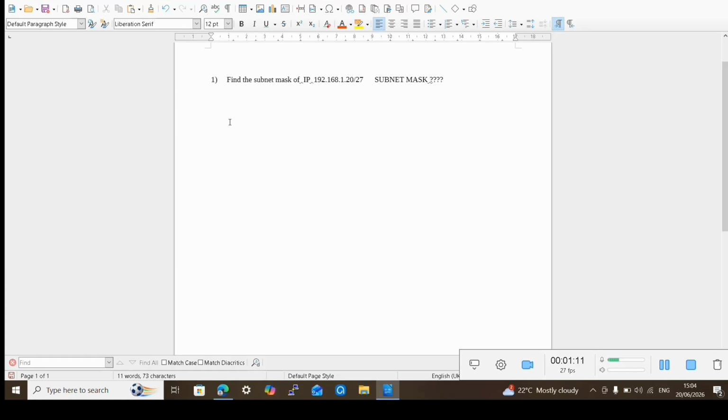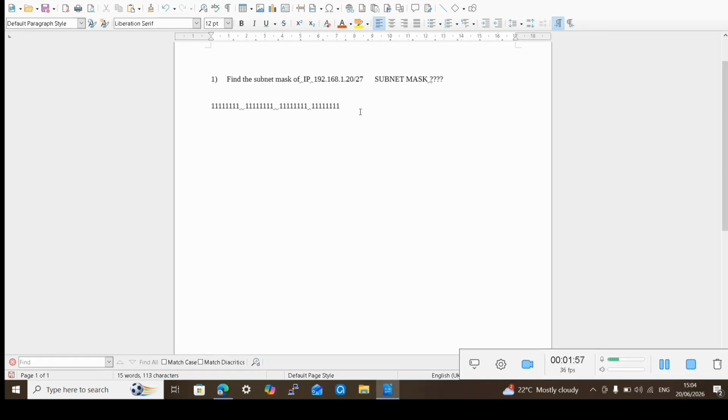So to find it, let's go by writing all the 32 bits. This is 8. If you count all this here now, we have 32 bits, but we only need 27 for the network ID.